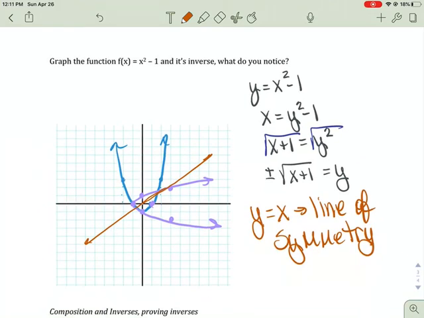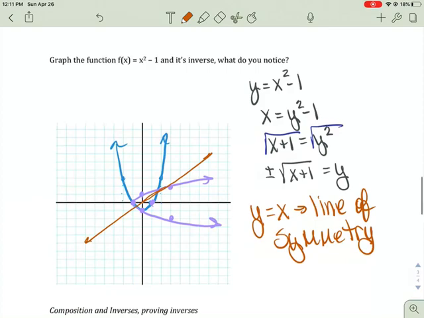All inverses and the original and the inverse will always be symmetrical along that line. So in other words, if I take that line and I fold it, every point would line up with each other. There would be a match. We're going to investigate this a little bit more, but keep that in mind as we work through this.